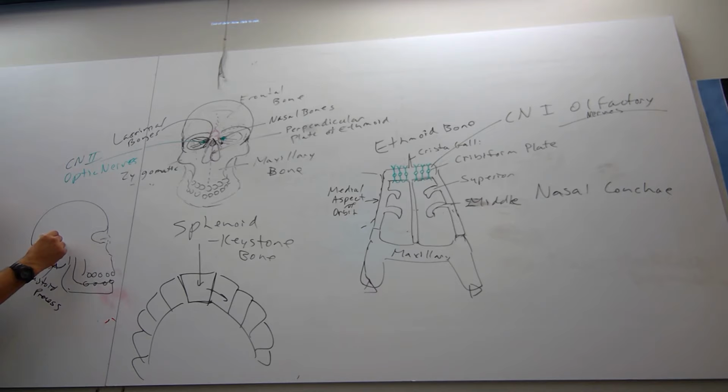And then sure enough, so it's a little bit lower, it's right about there. That's the external acoustic meatus. This part is the petrous portion of the temporal bone. Then you have this other part that extends out. That's called the squamous portion of the temporal bone.